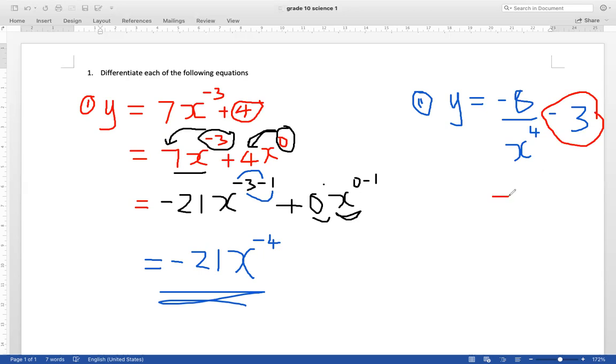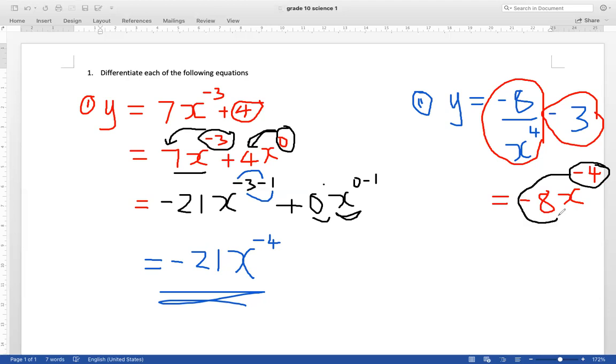And therefore, if we are to make sure that this term is written in the way that we can understand, we can write it as -8x power -4. This thing was reciprocated. That's how it was written, this x with power 4 was written as a denominator. In a similar manner here, we are going to multiply the power and the coefficient.